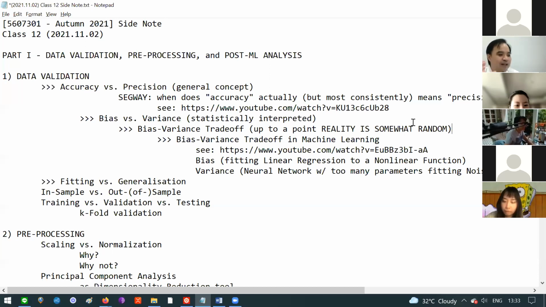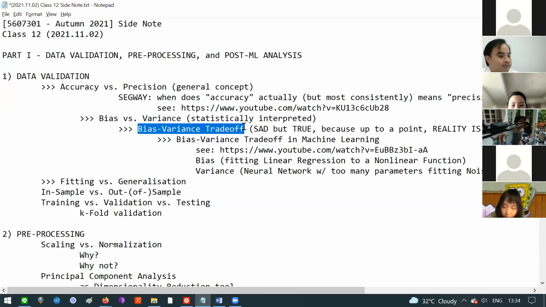At some point, you cannot buy your way out of the solution, because up to a point, reality is somewhat random. Partly. So that is the variance and bias trade-off.